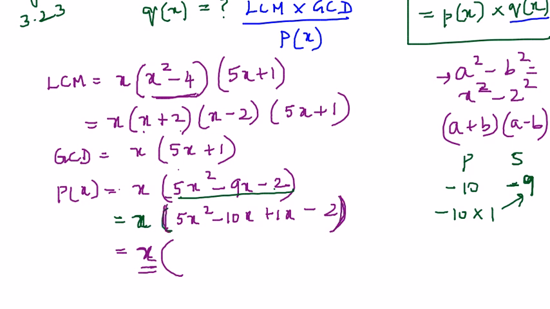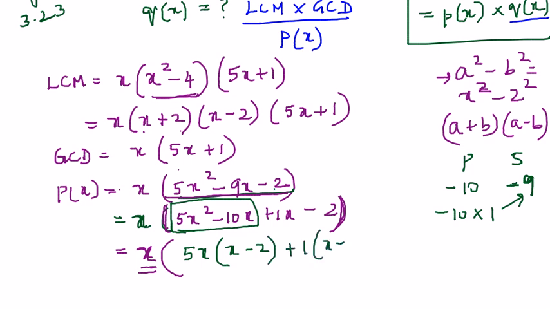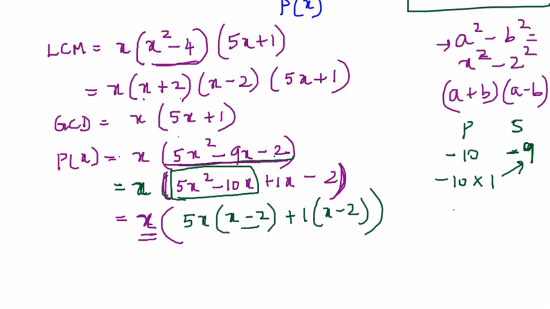This is for this term only. So be careful with the brackets. Now let's take this term. Here 5x is common, so it becomes x minus 2 plus 1 into x minus 2. In the sum and product method, you must always remember that in the brackets you should get the same term, right? So this becomes x into 5x plus 1 into x minus 2, right?